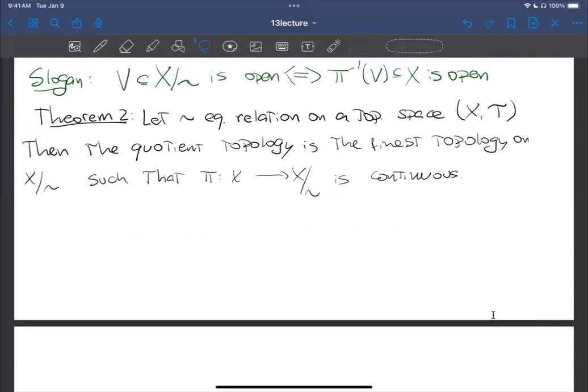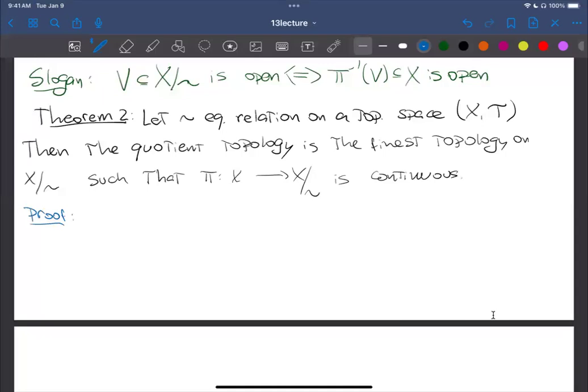And let's prove this. So the proof will have two parts because we're saying the quotient topology is the finest doing something. So first we need to verify it does something, and then that it is finer than any other topology doing that something.